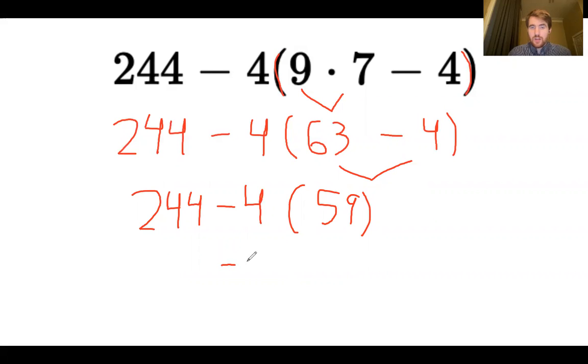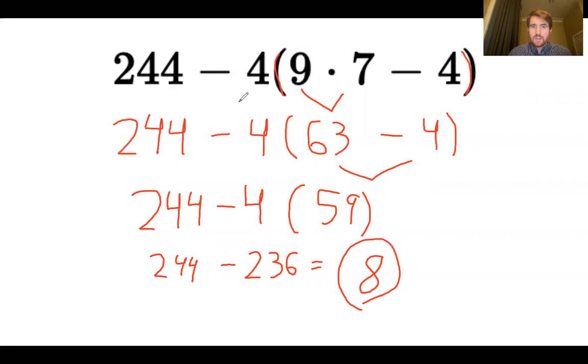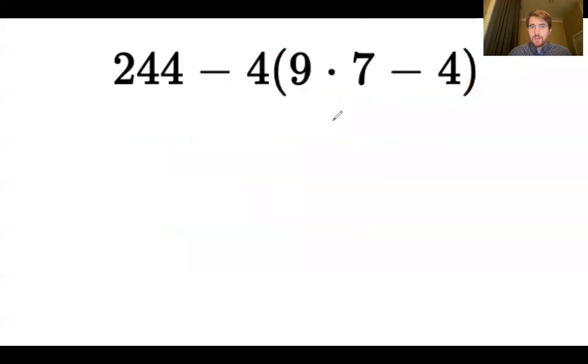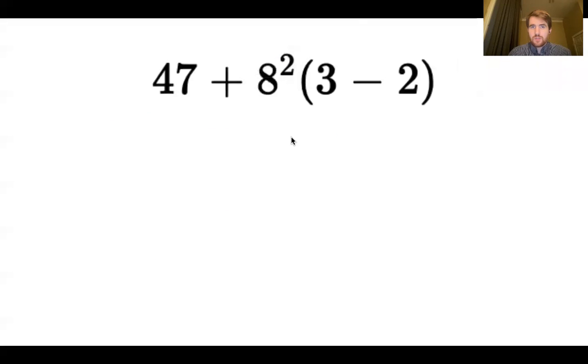I do this on a calculator and I get 236. And now we can finally do the subtraction. 244 minus 236 equals 8. So the answer is just 8. This whole big thing simplifies down to 8. All right, I'll do a few more examples.